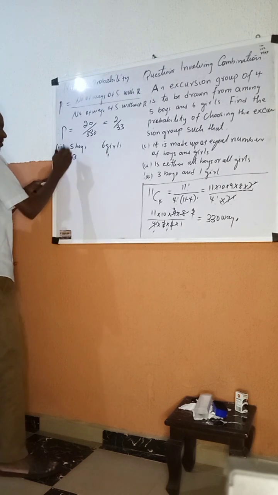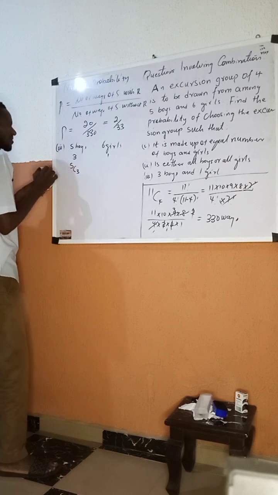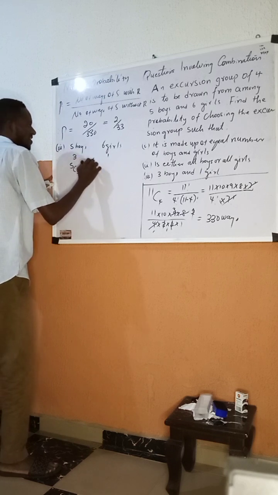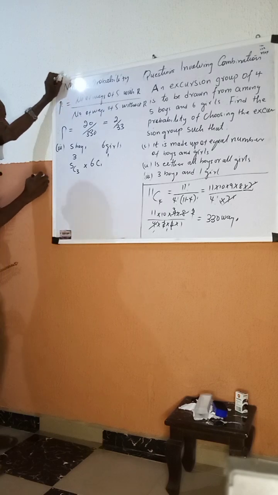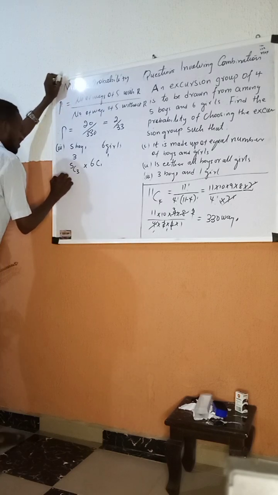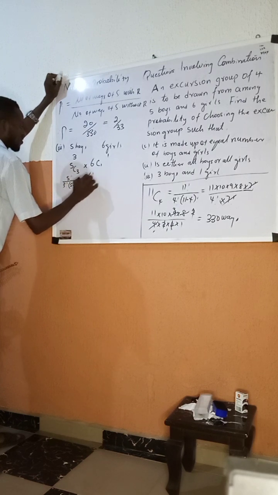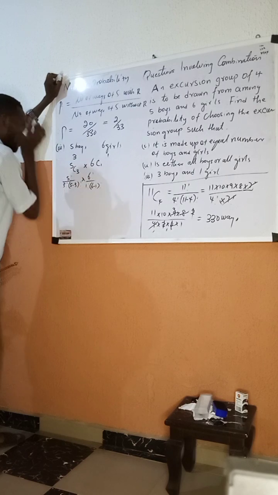And by so doing, what I'm going to have becomes 5 combination 3, and "and" means multiply by 6 combination 1. Then expressing them as usual, this equals 5 factorial all over 3 factorial into 5 minus 3 factorial, multiplied by 6 factorial all over 1 factorial into 6 minus 1 factorial.